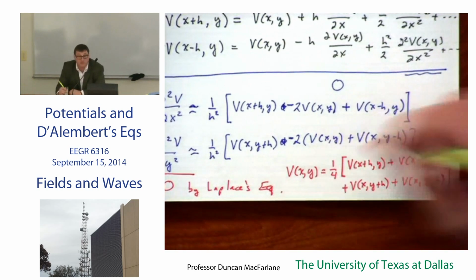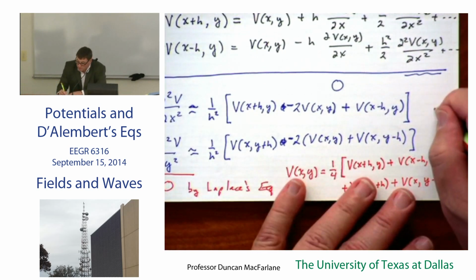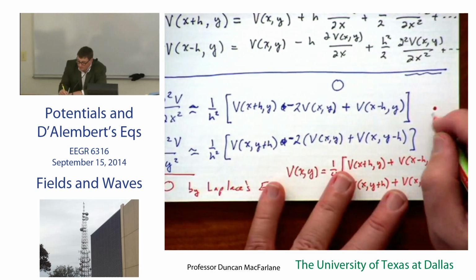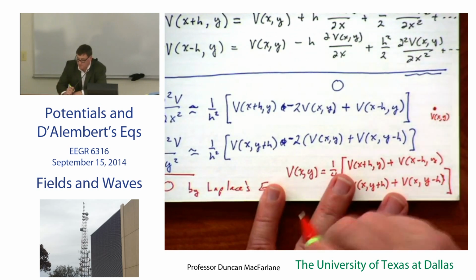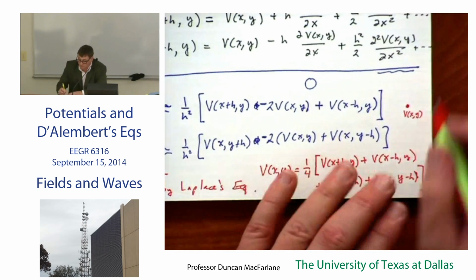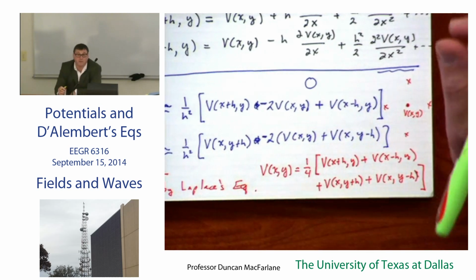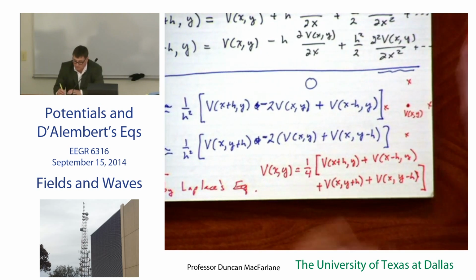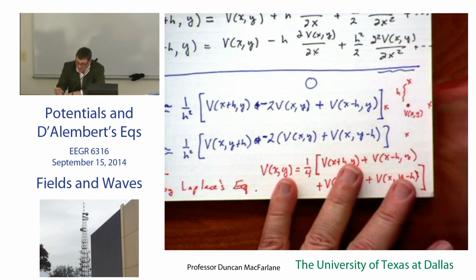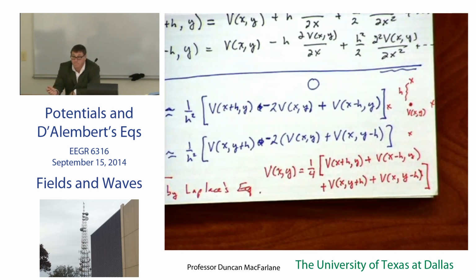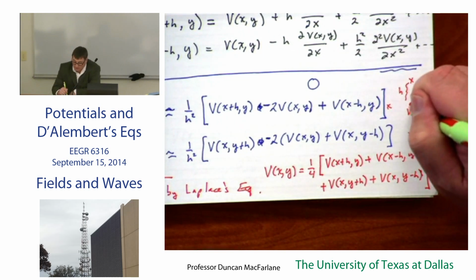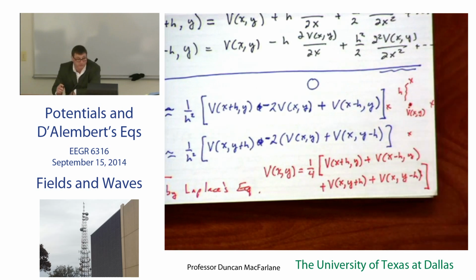Now if I draw this, I have v of x, y, and I have 4 spots just a little bit away from it by a distance h. So Laplace's equation tells us, this is a huge leap, that the voltage there is the average of its 4 nearest neighbors.